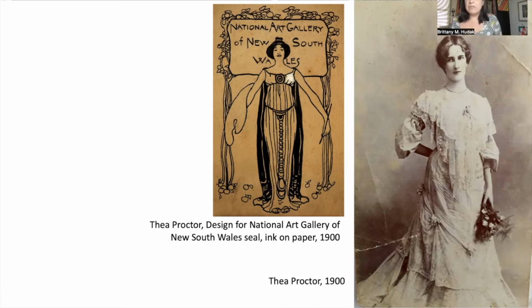I will plot her trajectory as a young modern woman that did not fit easily in societal norms, and how printmaking was to play a role in that journey. At age 16 in the mid 1890s, like I said, she was living with her grandmother after her parents had separated. She began her art studies at Julian Ashton School in King Street, Sydney.